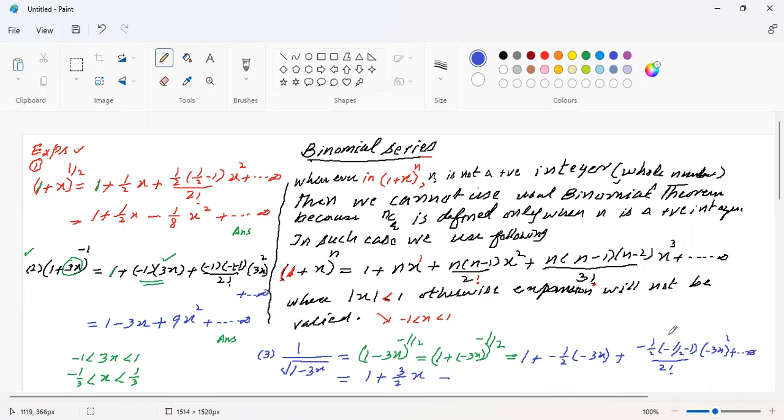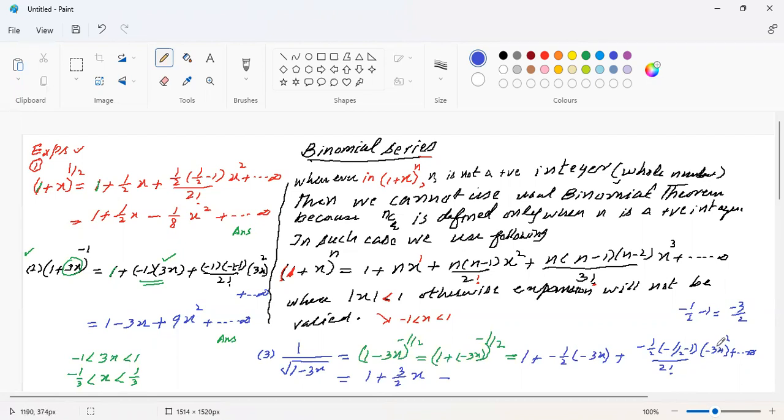If you simplify this yourself, 1 by 2 minus 1 will be minus 3 by 2. If you multiply minus 3 by 2 with minus 1 by 2, it becomes 3 by 4, and whole divided by 2, it becomes 3 by 8.